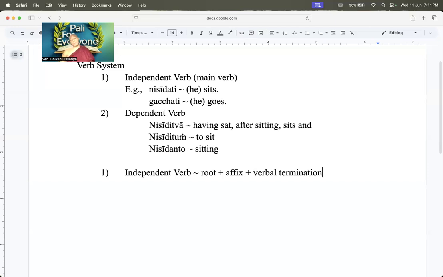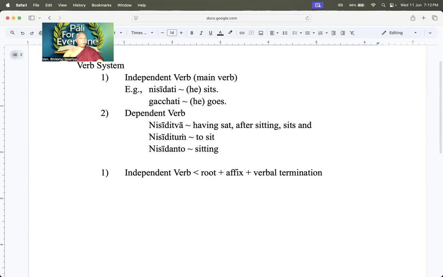Okay, so three parts. Now, generally saying, the independent verb is formed by joining these three. So maybe some verbs have only the root and the verb termination. So the affix can be omitted.